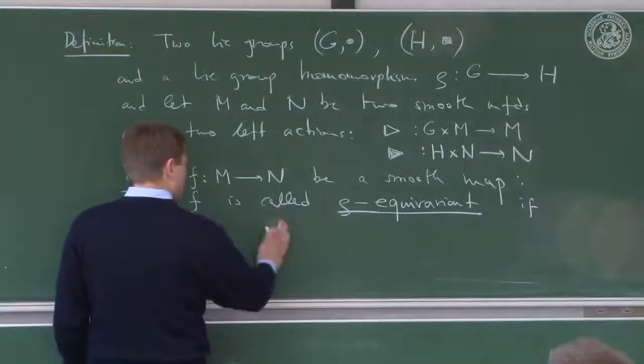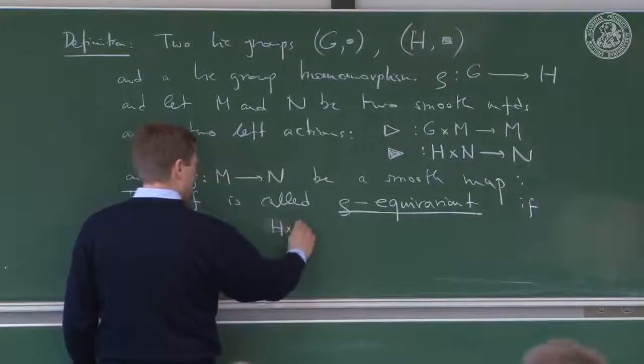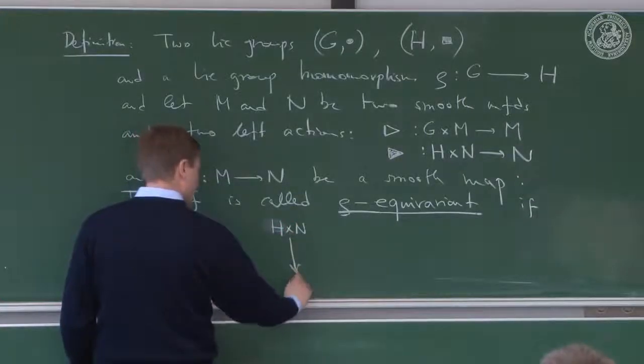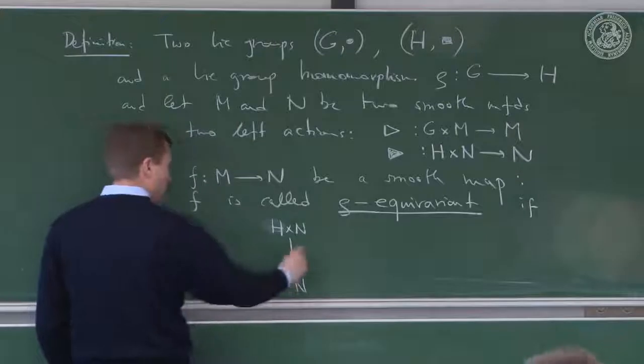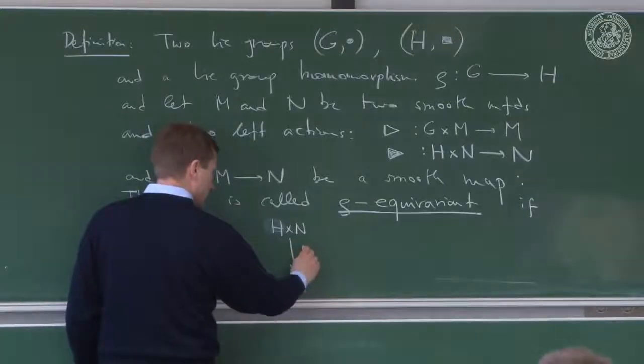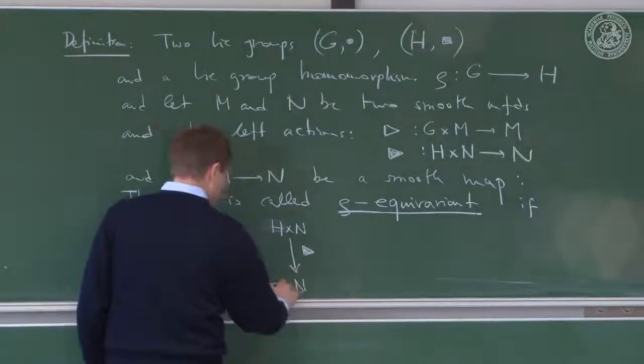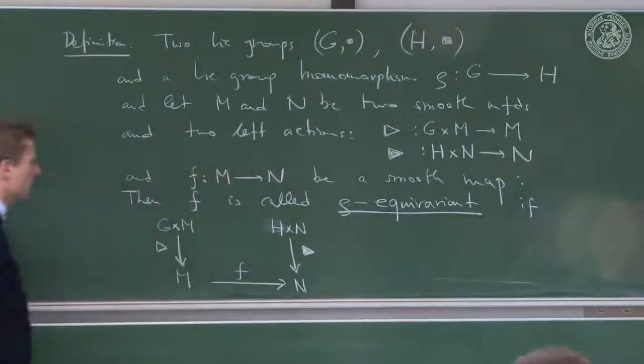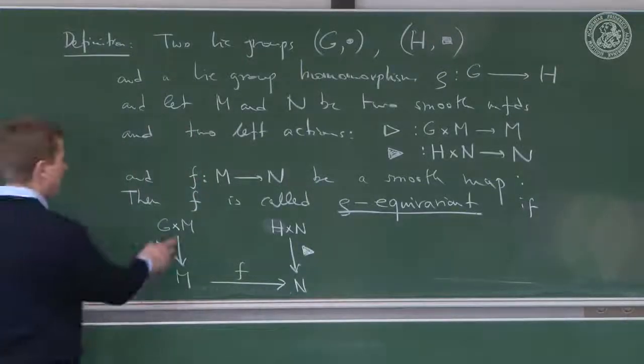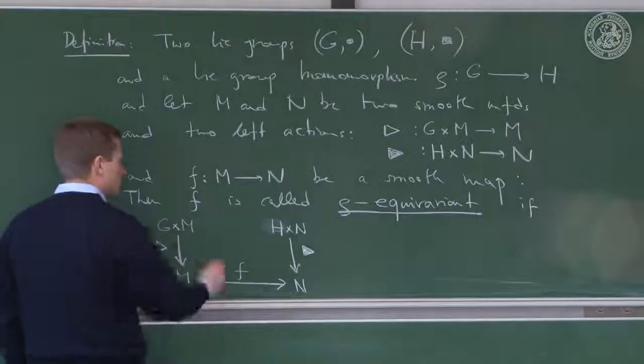I take H cross N to N by my solid left action. I have this map F that goes from here to here. How can I construct a map from G cross N to H cross N?